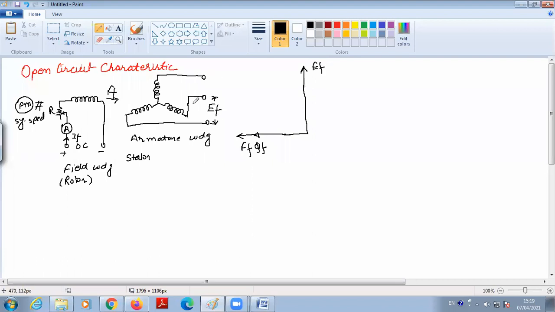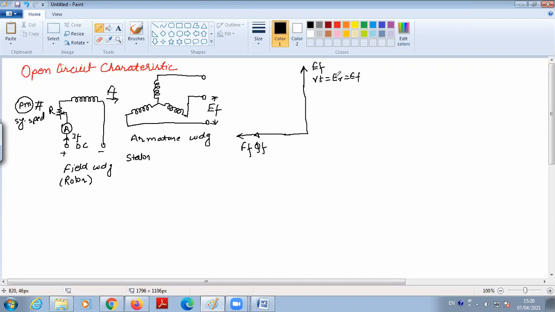Now there is no load in the circuit. In this case, the terminal voltage is equal to the resultant voltage Er, which is equal to the excitation EMF Ef.